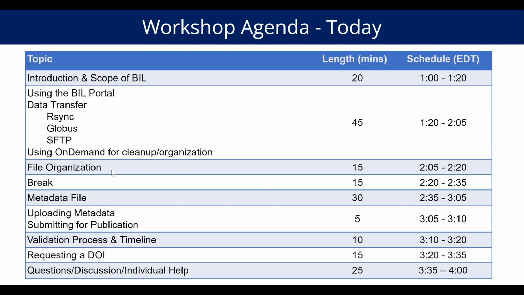If you need a collection DOI to group a bunch of data sets for a paper that you're publishing, we will talk about the process that you would use to request that collection DOI. And then we'll end up with questions and individual discussion, individual help.